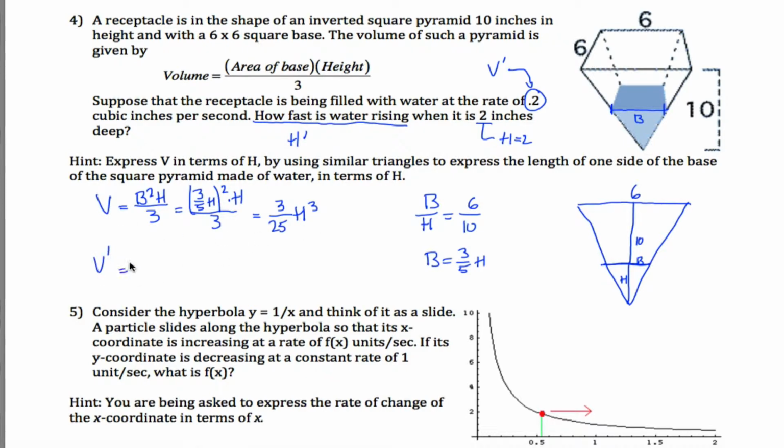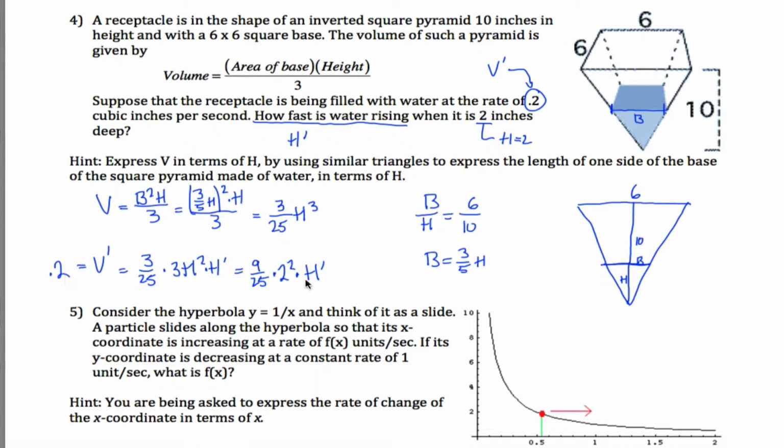Therefore, V prime is equal to 3/25, which is just a constant, times the derivative of H cubed, which would be 3H squared times H prime. So I got 9/25 from the 3/25 times the 3. And then H squared, well, I figured out up here that H was 2. So times 2 squared times H prime, which I don't know. And that's got to be equal to V prime, which is 0.2.